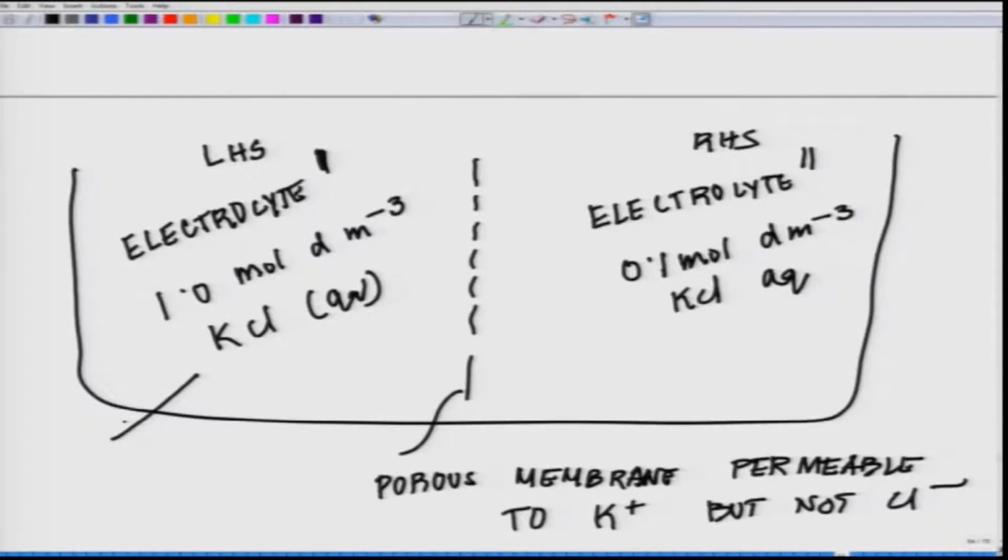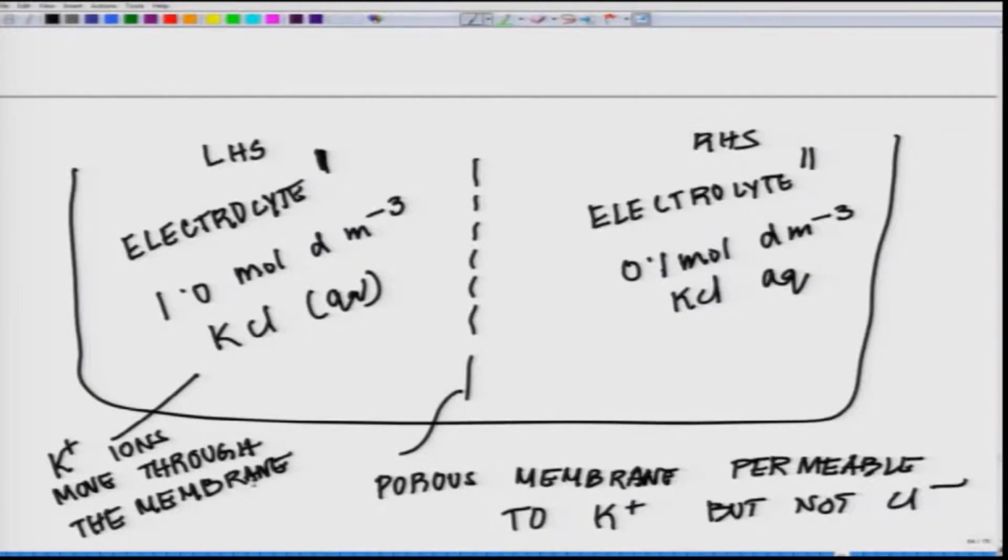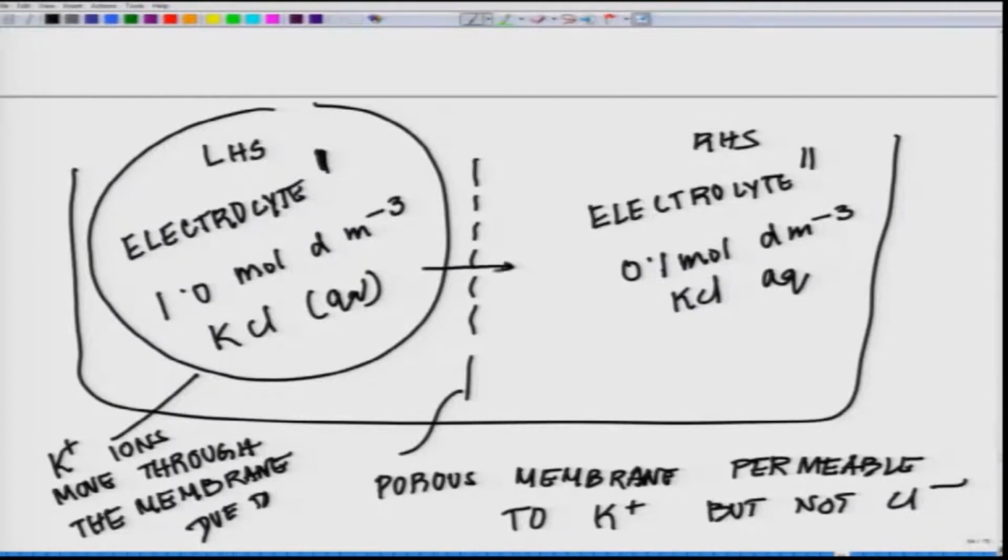Now, out here the potassium ions move through the membrane due to the concentration difference, because on this side you are having higher potassium. So, theoretically speaking, by concentration gradient they should move in this direction, due to concentration difference or gradient, whichever way you want to put it.